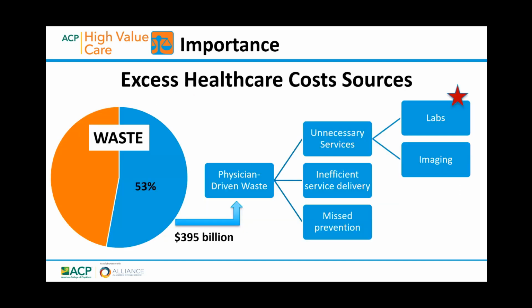While not all excess healthcare costs come from us, a lot of it does. 53%, as per this study, is related to physician-driven waste. So what are the areas where we impact excess healthcare costs? That's in unnecessary services like labs and imaging, which we will talk a lot about today, inefficient service delivery, and missed prevention.